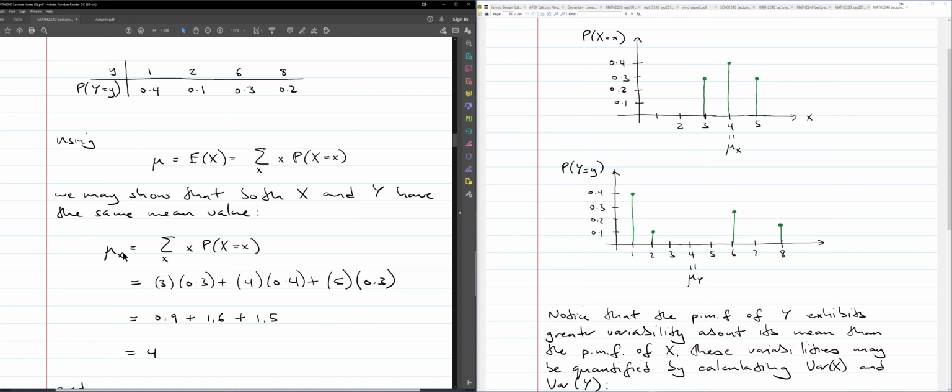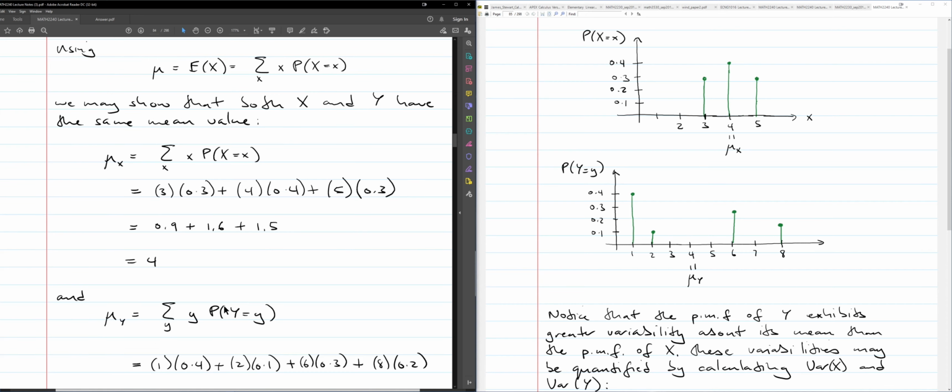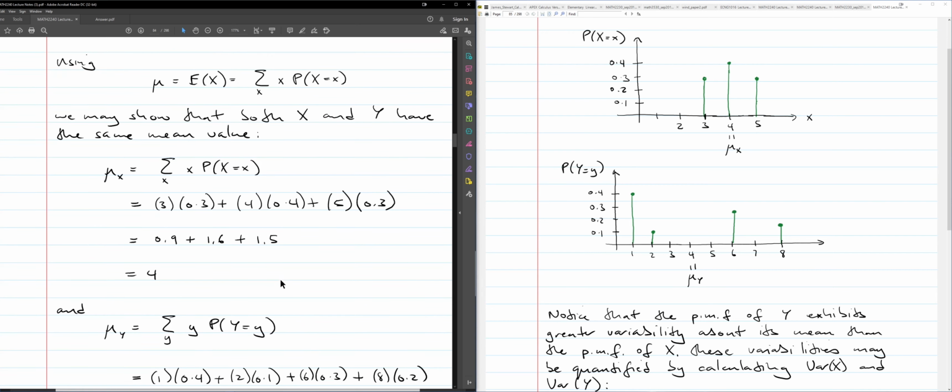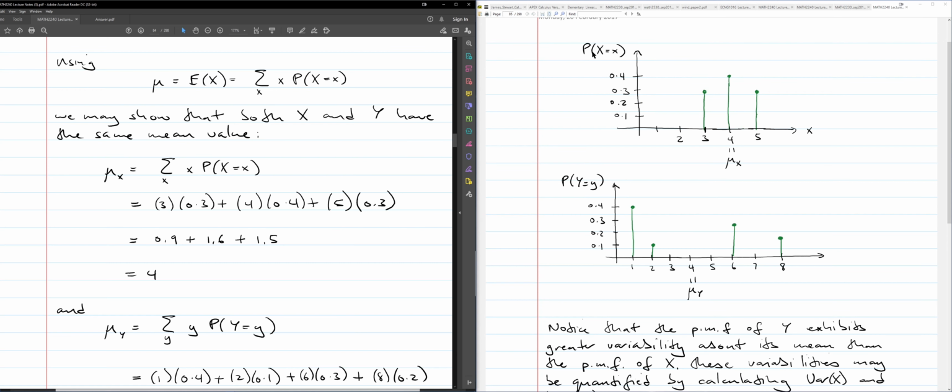It will work out that the mean of random variable x is equal to 4. Similarly, you could work it out for y. The mean of the random variable y in this case happens to also be equal to 4. I indicate that in the line diagrams. In the line diagram for random variable x, you see that the mean is equal to 4.